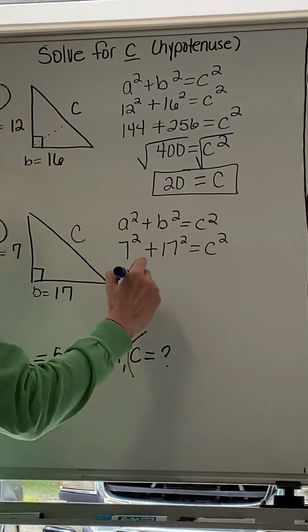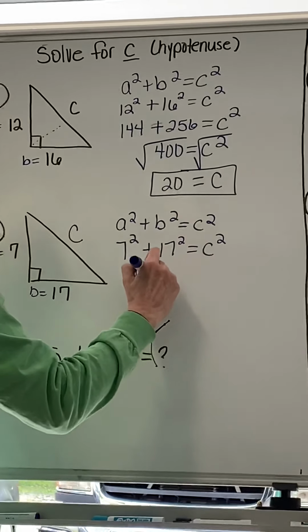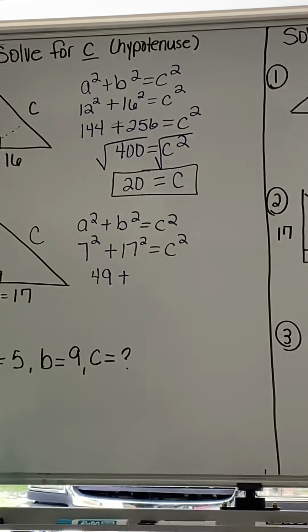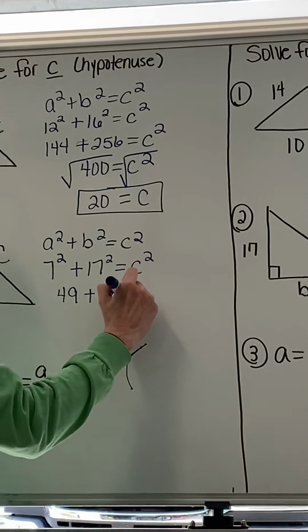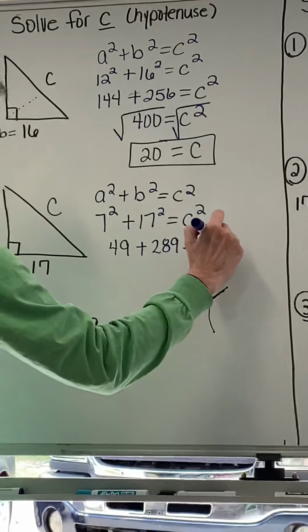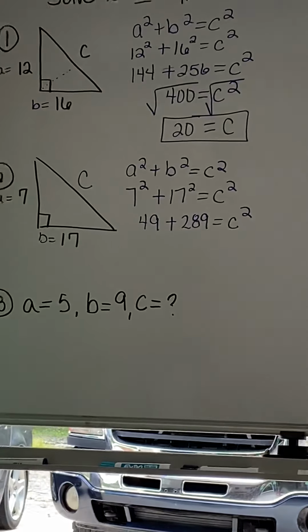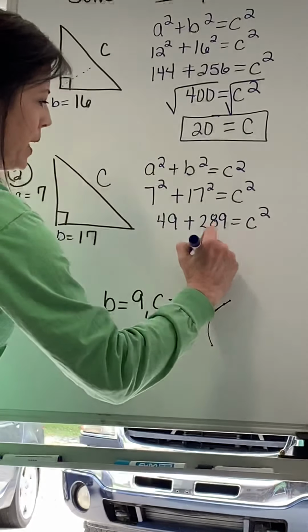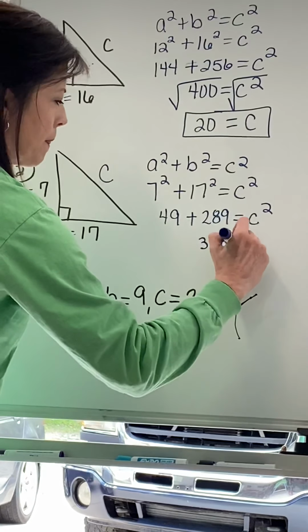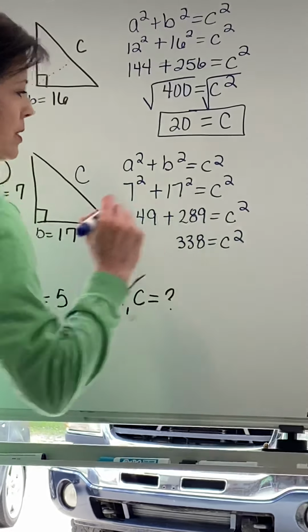7 squared, that means 7 times 7, which is 49. 17 squared is 17 times 17, that's 289. And I'm going to add those up, and that's going to give me C squared. When you add 49 and 289, you get 338, and that is C squared.